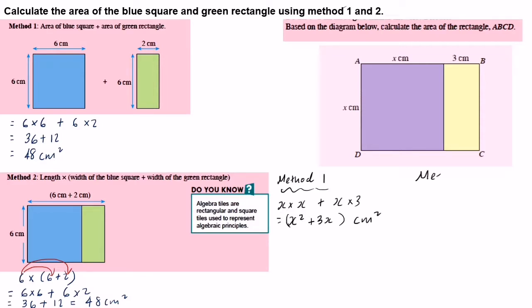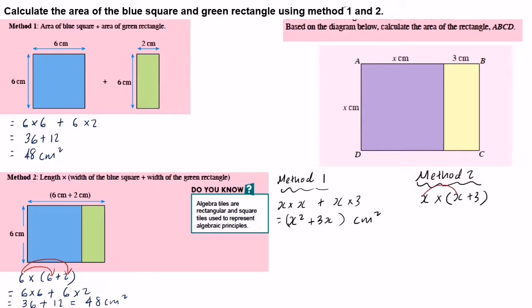Okay, now we try use method 2 to find the area of the rectangle ABCD. Okay, so the length is 8 centimeter. The width is S plus 3 centimeter. So S times S plus 3.